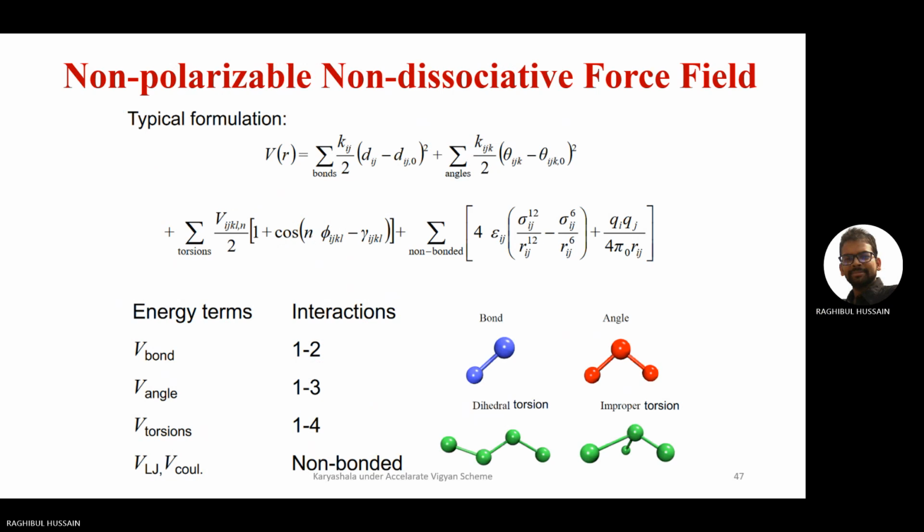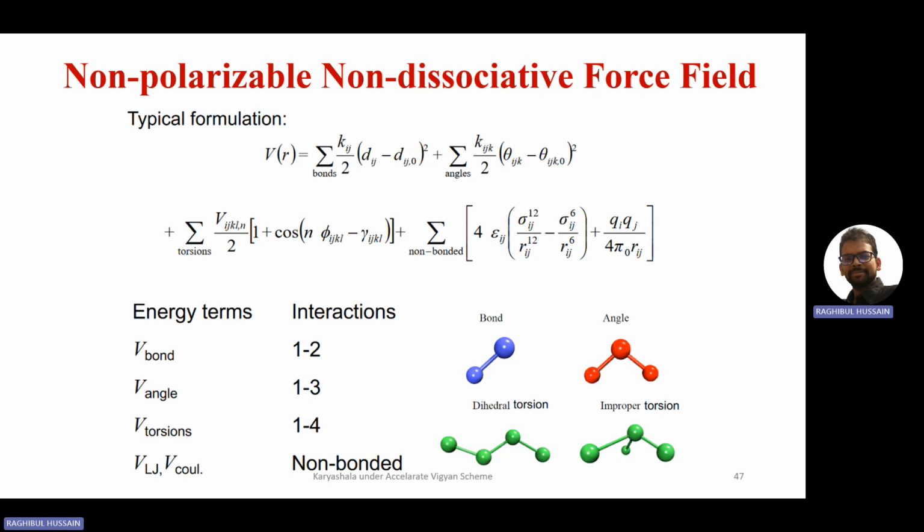Okay. So this is the typical structure of the force field, where this is the potential energy function. Recall that the potential energy function is used to calculate the force: F equal to negative of dU/dx. Now this has the bonded interactions, angle interaction, the dihedral or torsional interactions, as well as the non-bonded interaction.